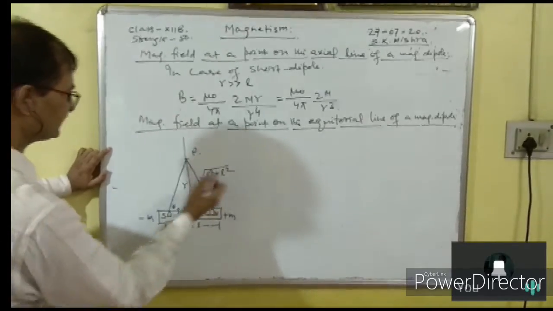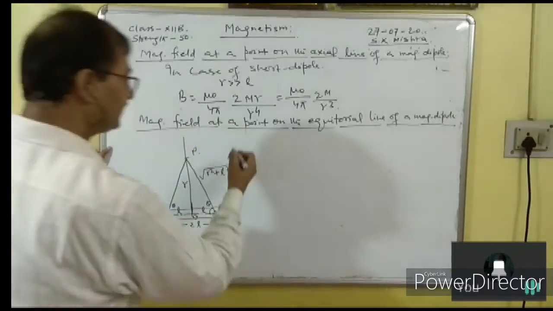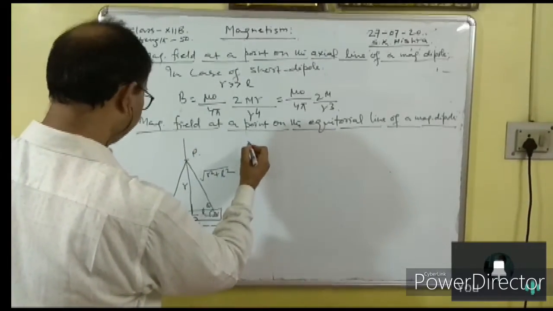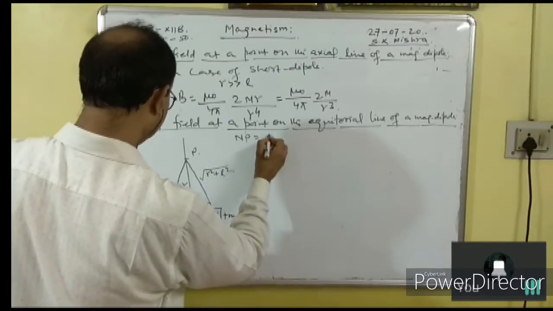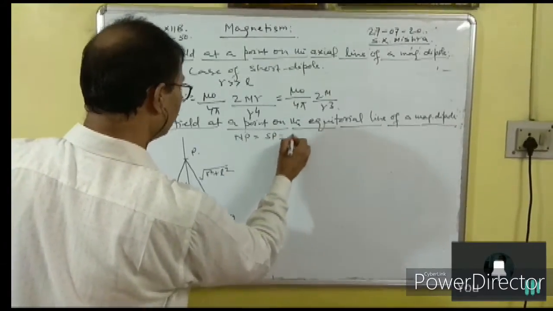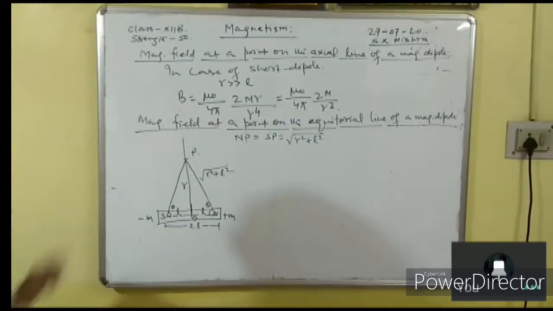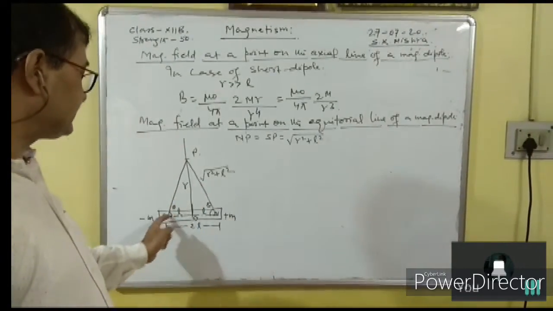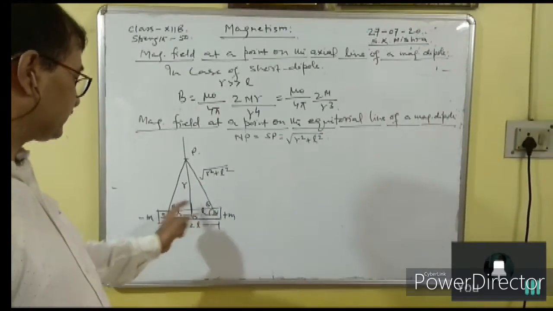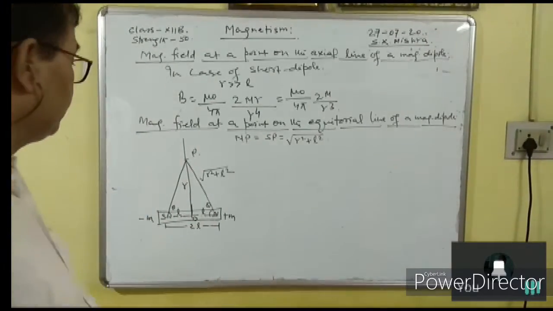Now ignore L square. And the denominator is R square whole square, so this is R to the power 4. So we are left with mu naught by 4 pi 2M by R cube. You just recall, in case of electrostatics, this was 1 by 4 pi epsilon naught 2p by r cube.